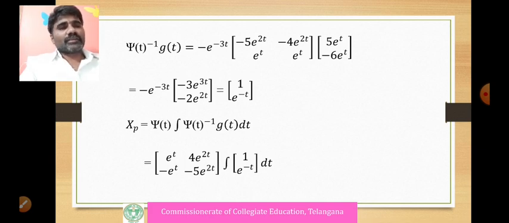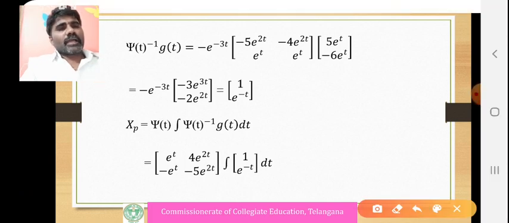In the problem itself it is given. Now multiplying these two: minus 3 e^(-3t) into minus 5 into plus 5, minus 25, minus 4 into 6 plus 24, minus 25 plus 24, it will become minus 1.